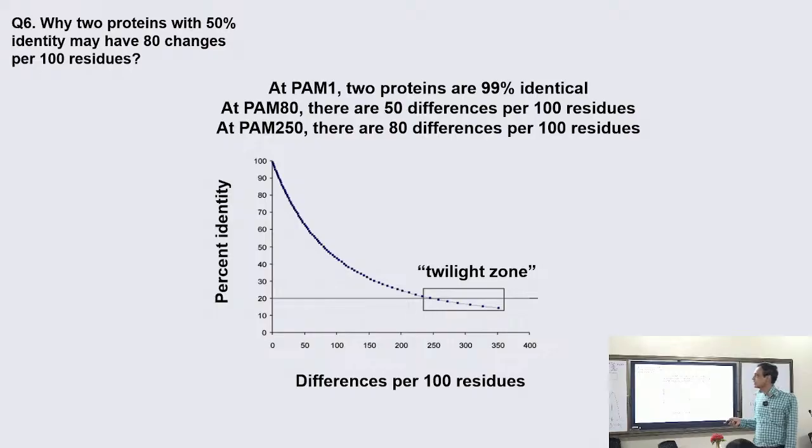PAM 250 and higher indicates 20% or less identity, so 80% or more divergence. This region is called the twilight zone, because it is difficult to conclude whether two sequences are related here, as it gets closer to what you observe with random sequences.